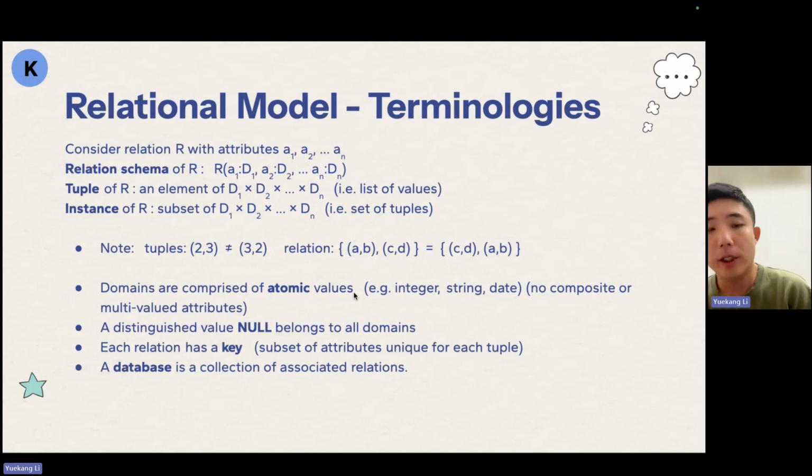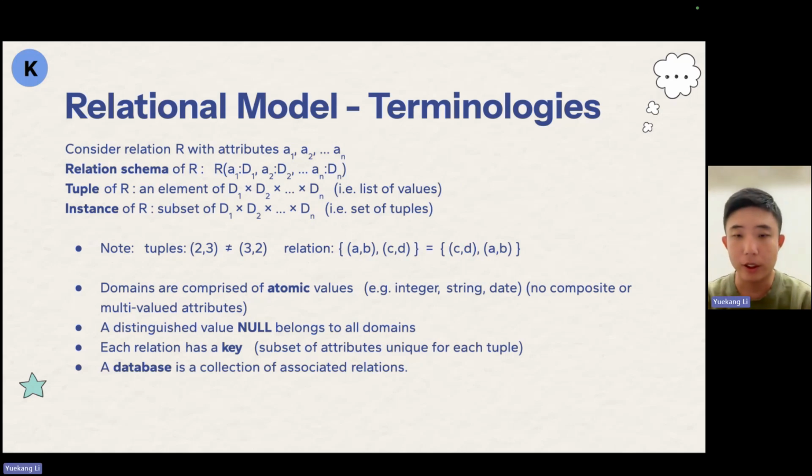And domains are comprised of atomic values. So there are no composite or multi-valued attributes. For example, a domain cannot be a list of integers or a list of strings. It cannot be a struct or an object.